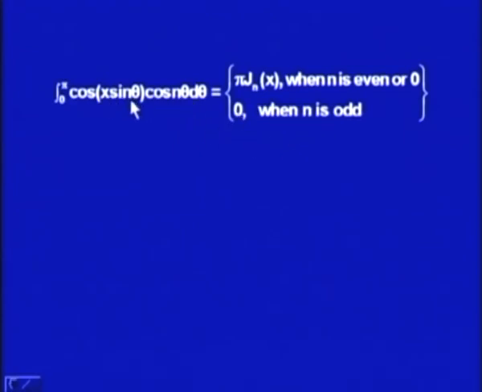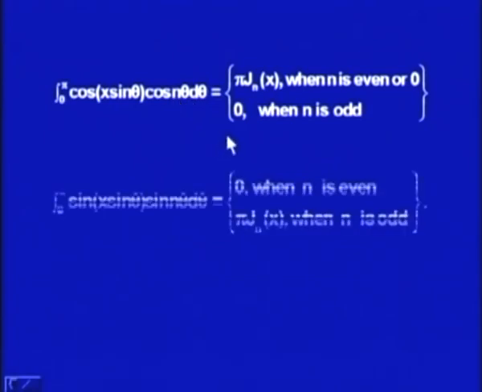On the right hand side of cos(x sin theta), we have only even integral multiples of theta in cosine terms. And then in the Jacobi series for sin(x sin theta), we multiply sin(x sin theta) by sin n theta, and similarly we see that the value of integral 0 to pi sin(x sin theta) sin n theta d theta is 0 when n is even, because in the sin(x sin theta) expansion we have sin of odd multiples of theta on the right side.